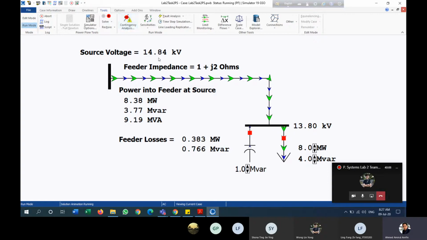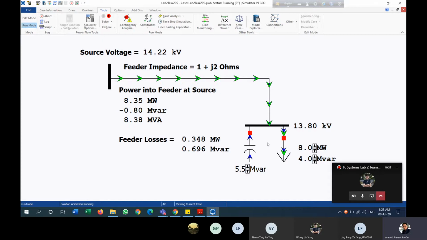You see the source voltage is decreasing. Not only the source voltage, the real power and the reactive power are also changing. What about the losses? The losses are increasing. So what is actually happening here?